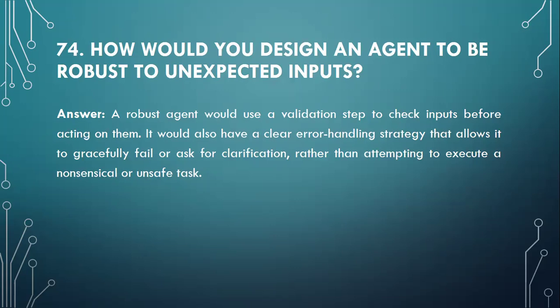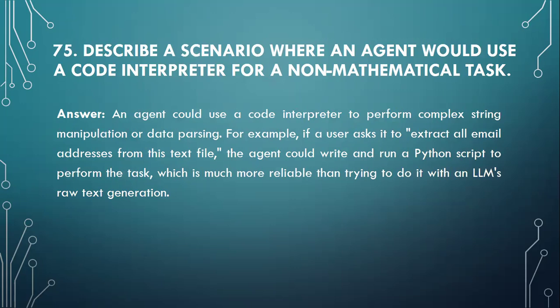Moving to question number 75. Describe a scenario where an agent would use a code interpreter for a non-mathematical task. An agent could use a code interpreter to perform complex string manipulation or data parsing.